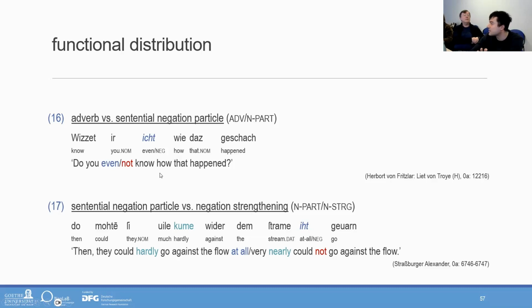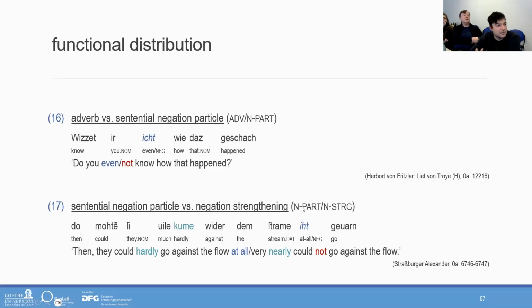Both could be interpreted in this context. Mostly it's in the context of questions where polarity does not really change the interpretation or logical meaning, let's say, of the proposition. And we also have ambiguous cases where it could be interpreted either as a negation particle, so it's intentional negation, or as a negation strengthener.